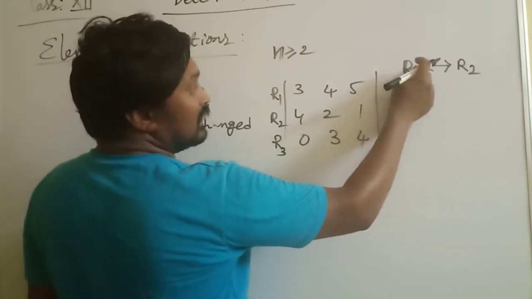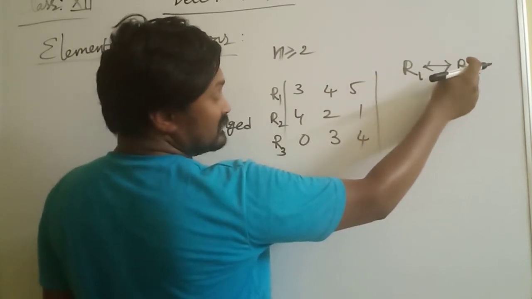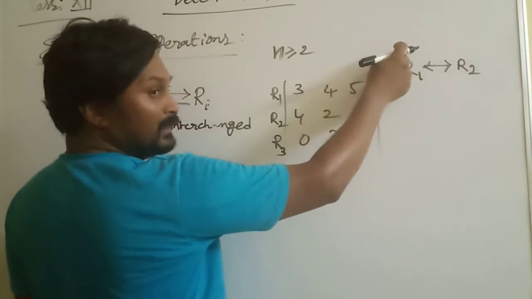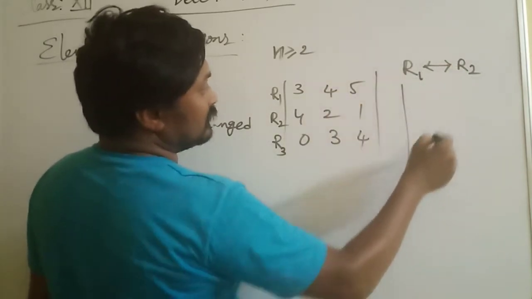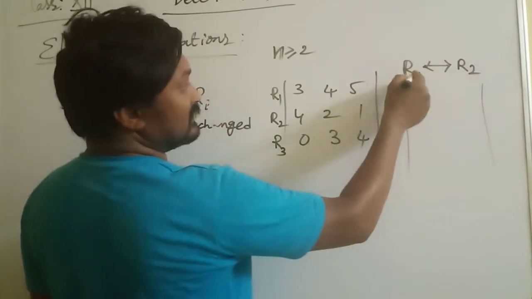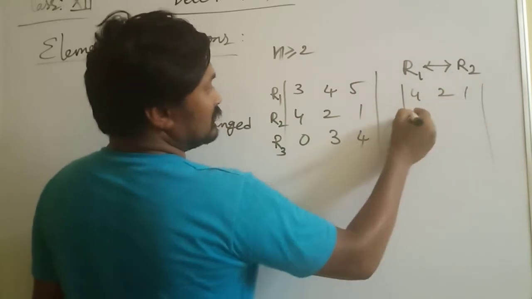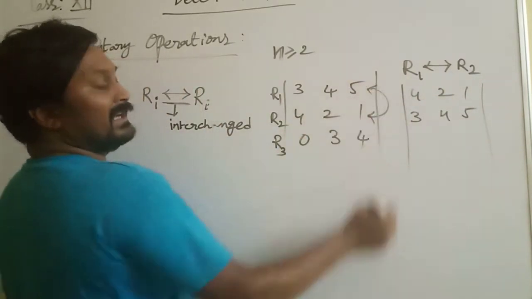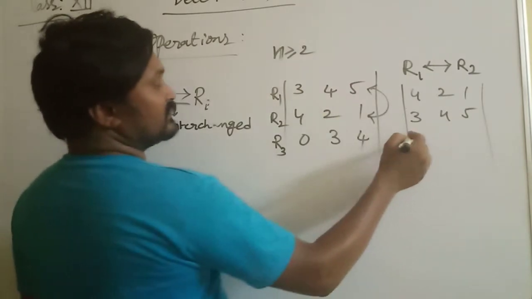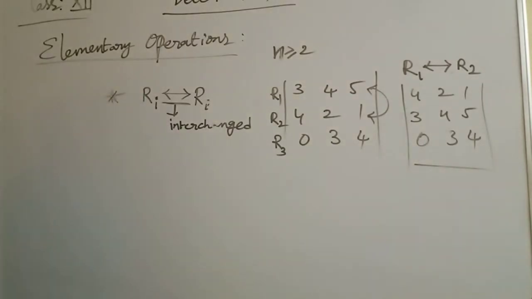R1 is replaced in the R2 place, R2 is replaced in the R1 place. Means these both are interchanged. So here I'll write this operation: 4 2 1, 3 4 5, 0 3 4. You understood now, these both are exchanged or interchanged. So this is your elementary operation number 1.